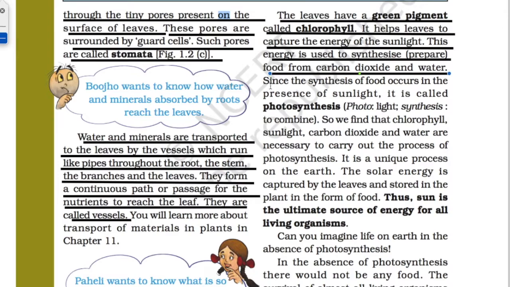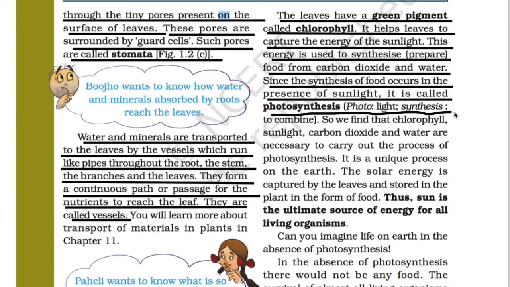Very important. Photo means light, synthesis means to prepare or to combine.